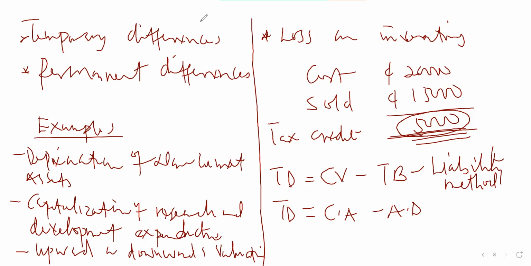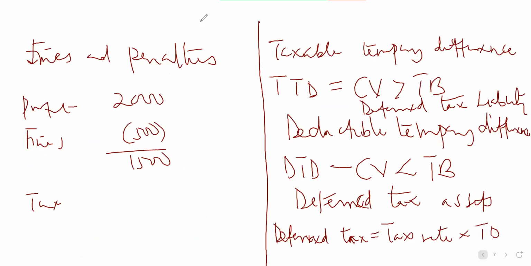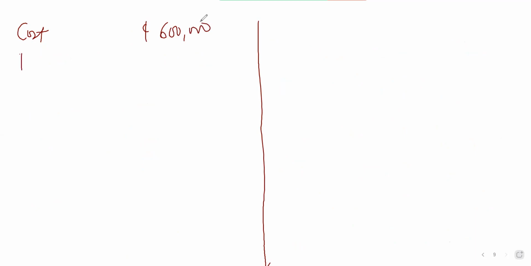Deferred tax is calculated as, okay, let me just put assumed figures over here. Let's assume that the cost of the asset is 600,000, and the company depreciates the asset at a rate of 20%.